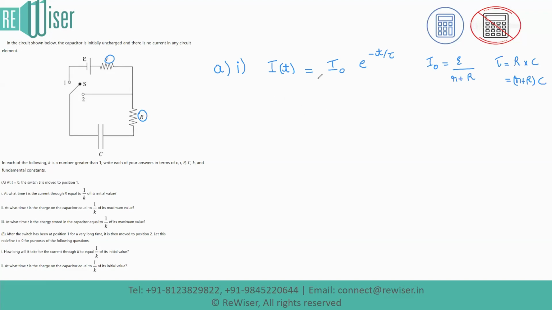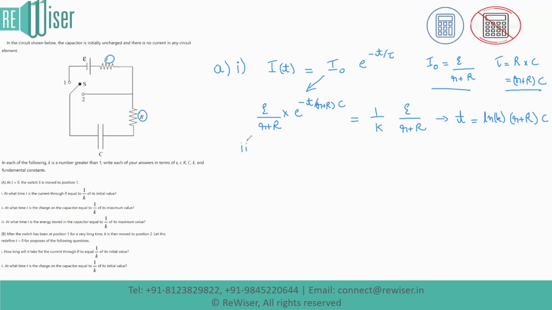Which means I need to equate epsilon divided by small r plus capital R, multiplied by e to the power minus t by (small r plus capital R) times C, equal to 1 by K times epsilon divided by small r plus capital R. Simplifying this, I get the equation t is equal to ln K times (small r plus capital R) times C.